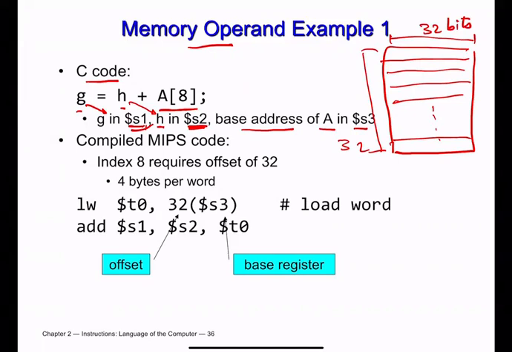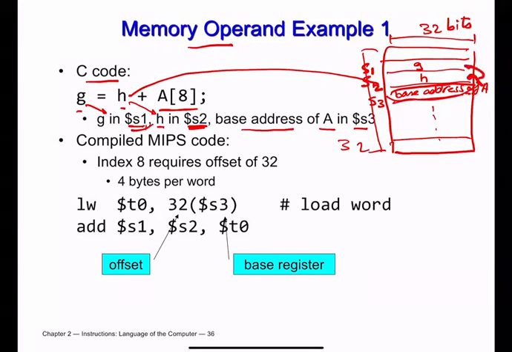I'm telling you that this H is saved in one of the registers, called S2. S1 has the G, and S3 has the base address of A. What you need to do is take whatever is in the base address of A, add it to H, and put the result in G.